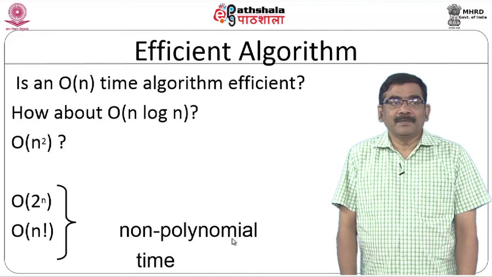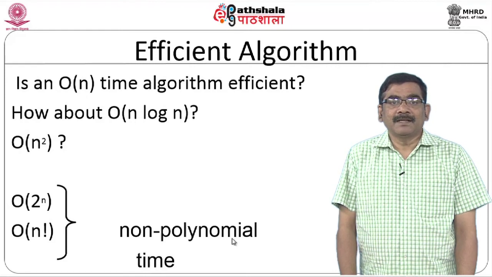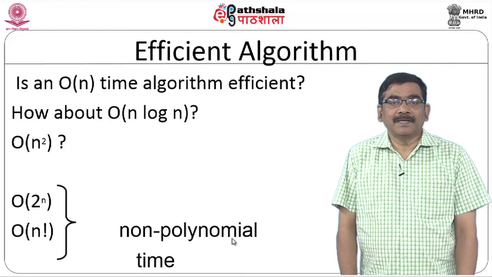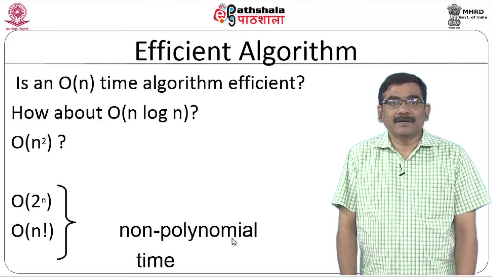In the first module, we discussed a problem called the traveling salesperson problem, where we have seen that if the number of cities is small, the complexity of the algorithm is also very small. But if the number of cities increases dramatically, the complexity of the algorithm also increases.